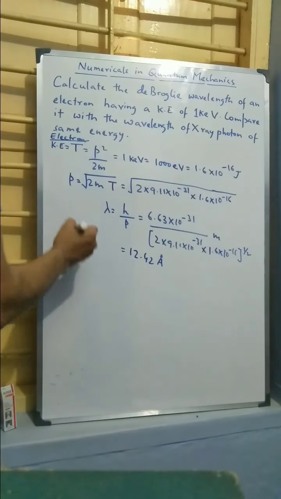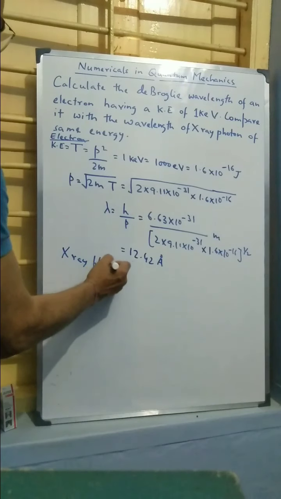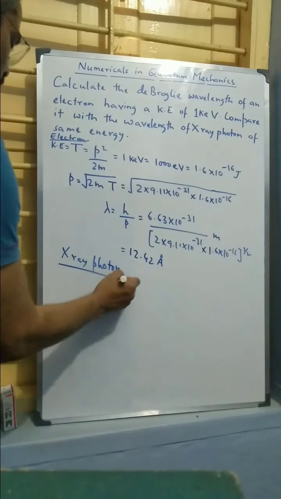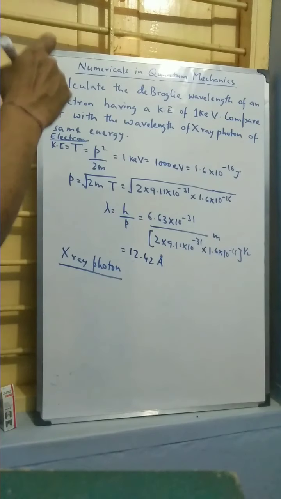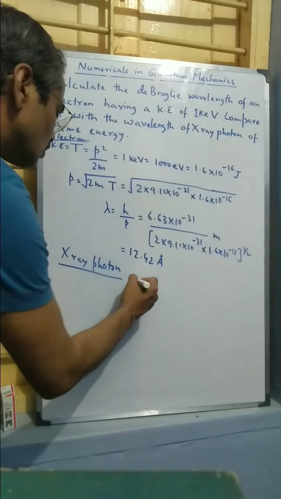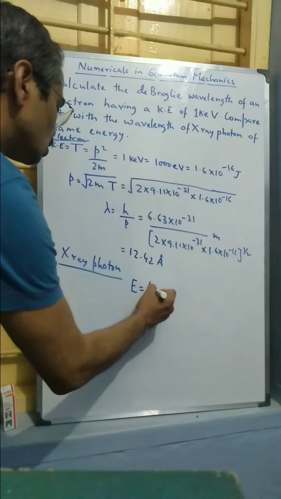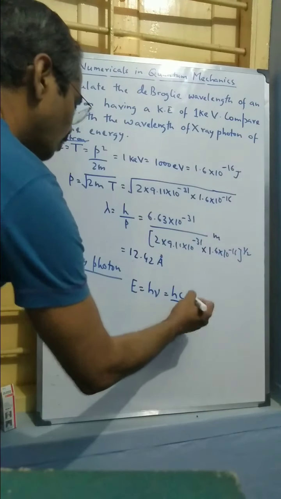For the X-ray photon, the energy is given by E equal to h nu, which is equal to hc by lambda.